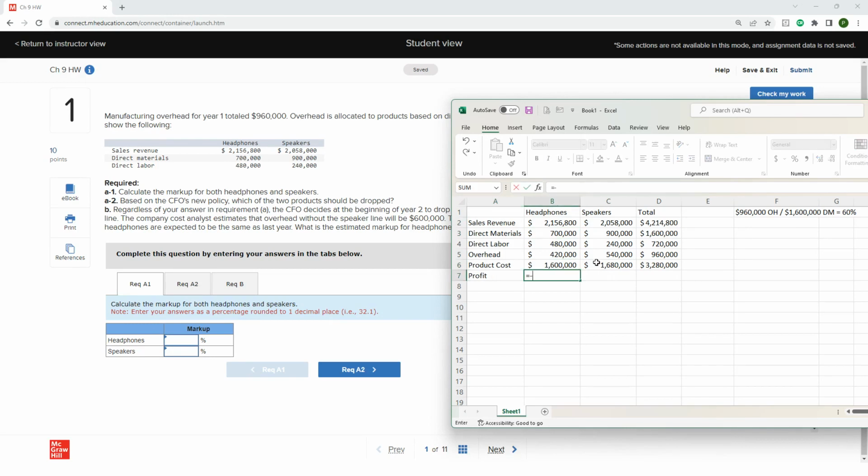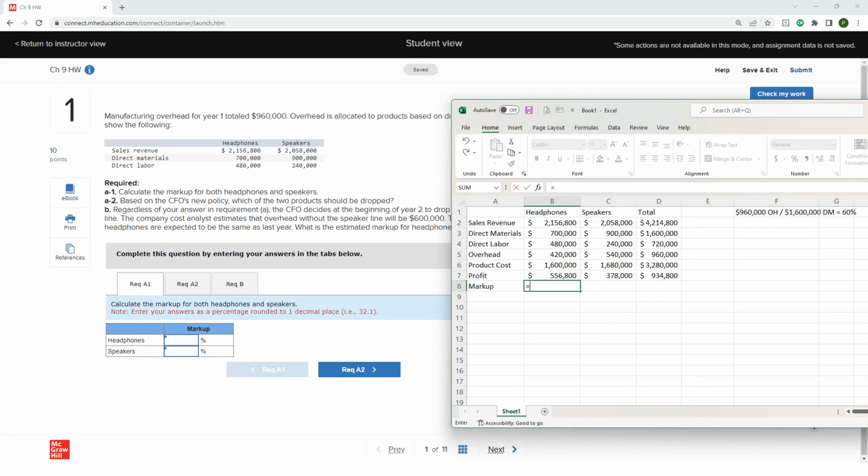Profit is just going to be sales revenue minus product cost or expenses, and that gives us $556,800 for headphones and $378,000 for speakers.